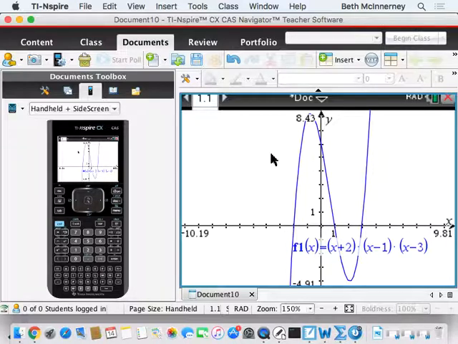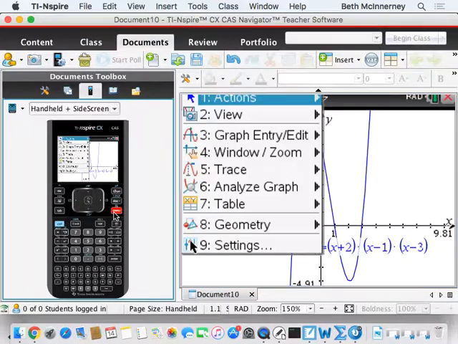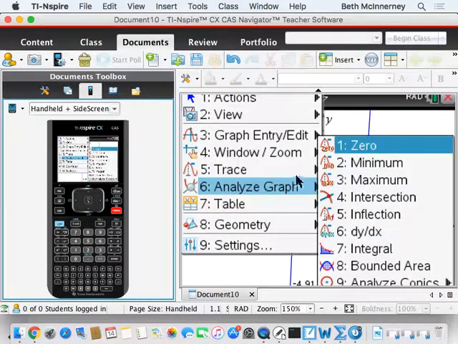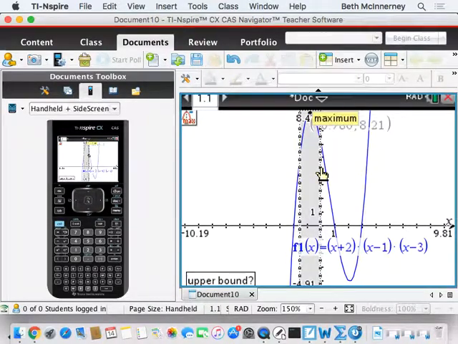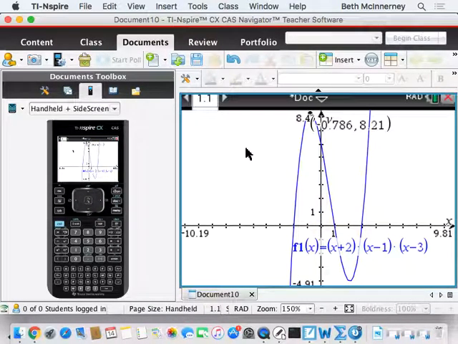Okay, what we're going to do is find this maximum up at the top, and we're going to get the minimum down at the bottom. So let me refresh your memory. You press Menu, Analyze, and let's go get the maximum. That one's on the left. And I'm getting negative 0.79, 8.21.